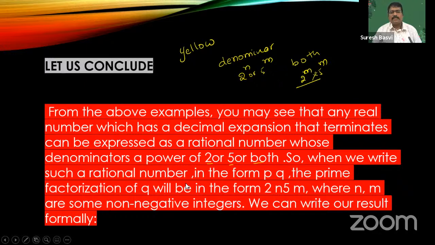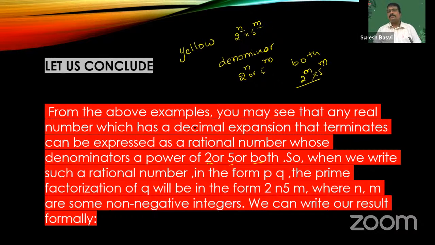Next, the prime factorization of q will be in the form of 2 power n into 5 power m. ఇందాక రాసినాం కదా, the prime factorization of denominator will be 2 power n into 5 power m, where n, m are some non-negative integers.